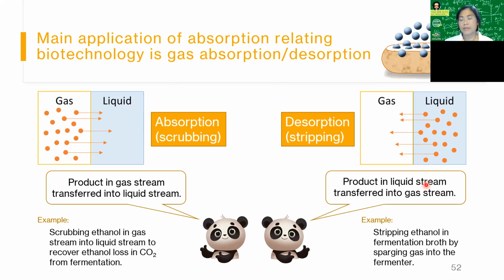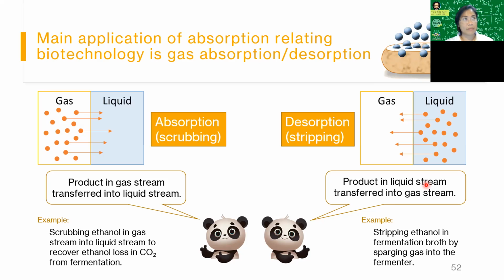The application of stripping in biotech is not really the separation process to get the thing that you want, but I see a lot of people apply stripping to remove the unwanted things from their fermentation.